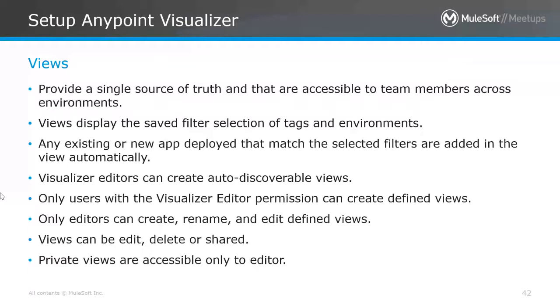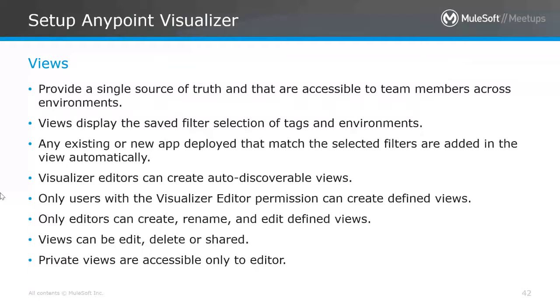Any existing or new app deployed that matches the selected filters is added to the view automatically. For example, you have a project XYZ and you have given the tag name, and in one view you filtered the applications with tag name XYZ and saved it.